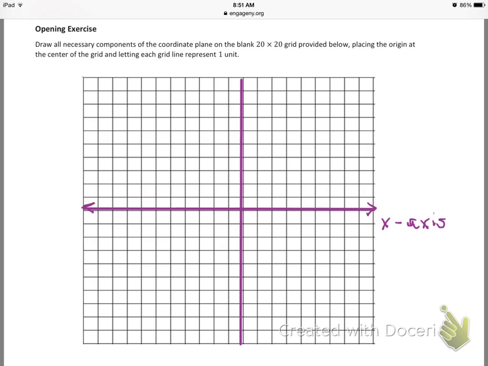Is that the middle? That doesn't look right. Is this the middle? Oh, maybe we don't have a middle here. Well, it does make sense that there's going to be one side that's a little off, so that's okay. All right, so here's the y-axis.